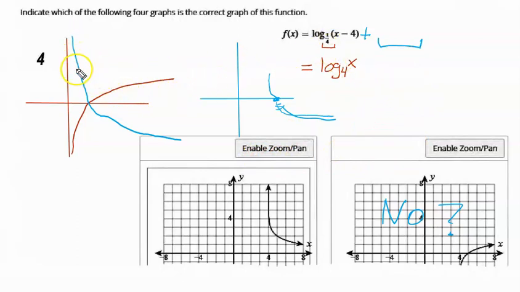So again, you're going to reflect. Does it start high and go down, or low and go up? These would be the whole numbers. These would be bases that are fractions. And then horizontally, if this is positive, you move it to the left. If this is negative, you move it to the right, that many units.